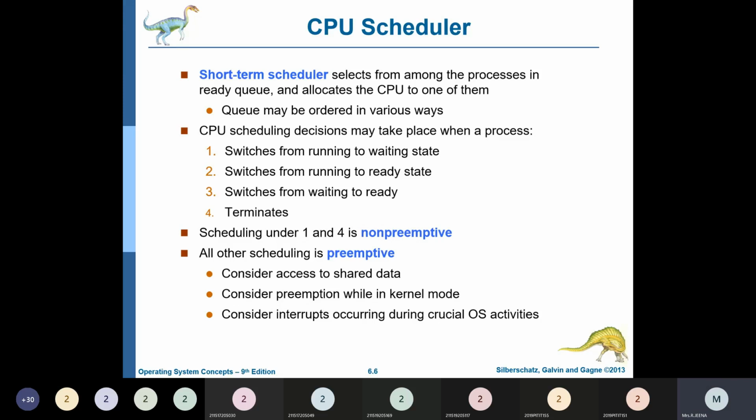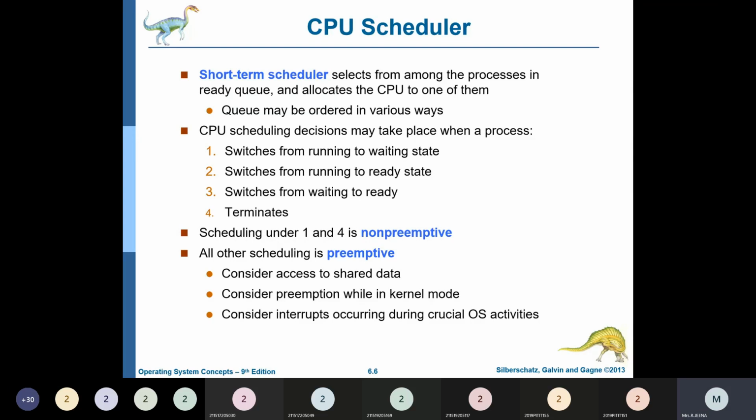So what is preemptive? The CPU scheduler or the system can take control over the processing methodology. That is, it can force a process to terminate out of the system. So that is called preemptive. In non-preemptive, the system cannot take control over terminating a particular process.